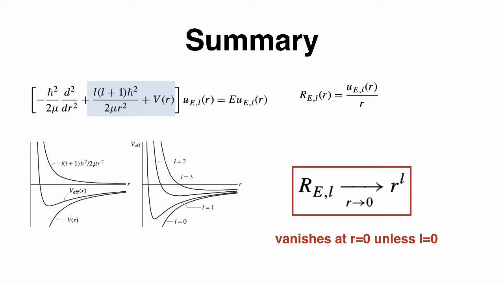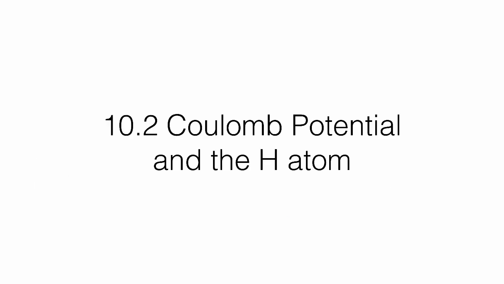In any case, the summary of the past few slides is the red box: the radial wave function close to the origin behaves like r to the power L. So finally, we are going to use all the knowledge we have accumulated to look at a real physical problem, which is the hydrogen atom.